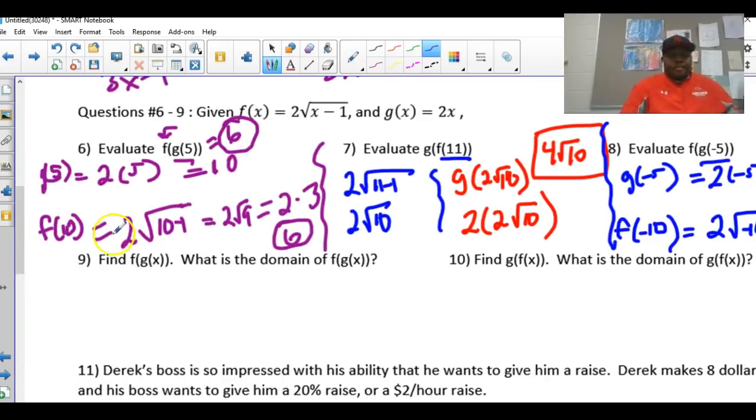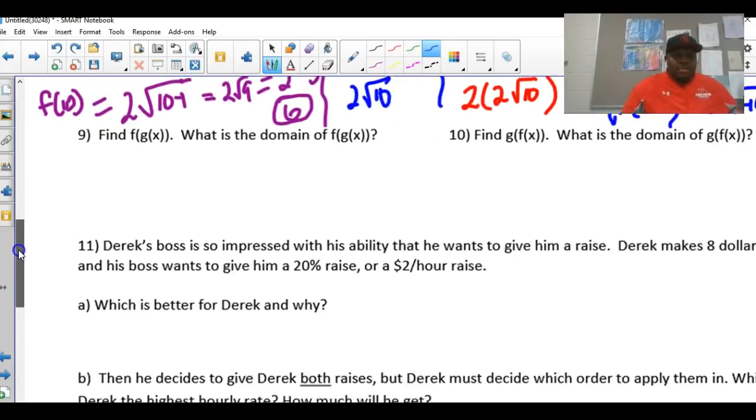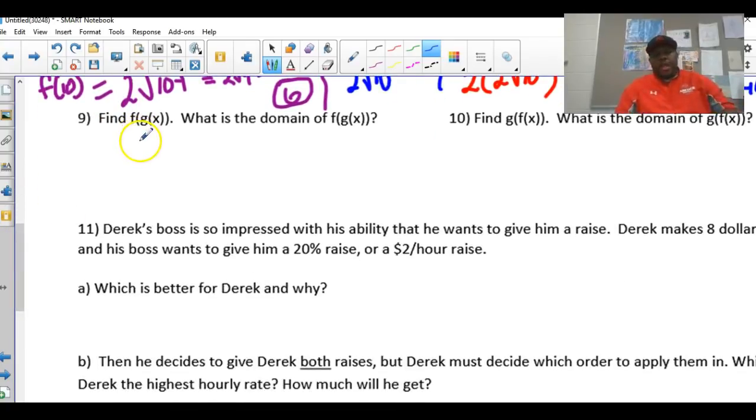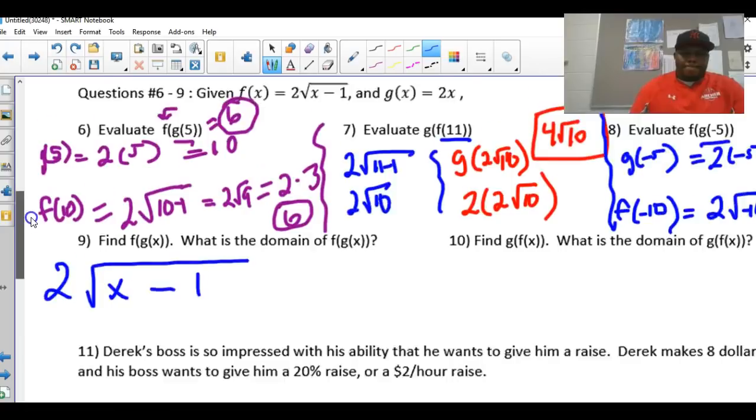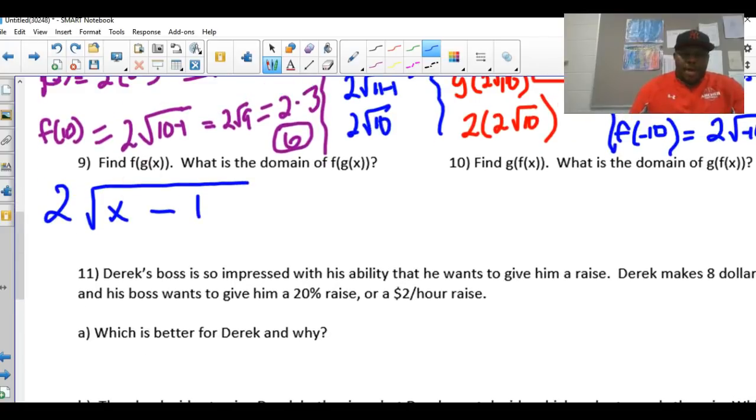Now, number 9 here, a composite function. We need to be inside of f. All right, cool, simple enough. We know that f is 2 times the square root of x minus 1. But I need to evaluate it for g.